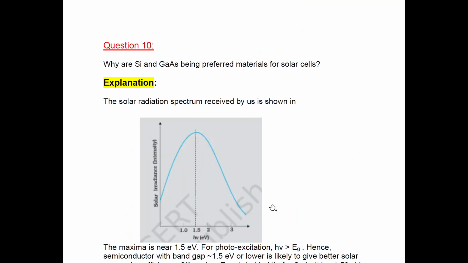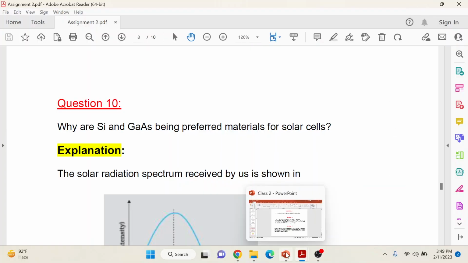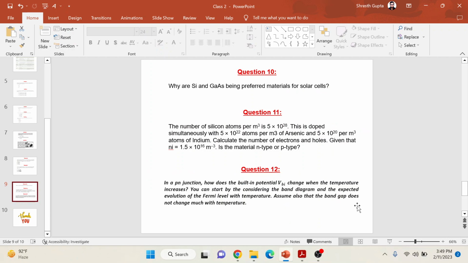Okay. Now let's move to the next question, question number 11. The number of silicon atoms per meter cube is 5 × 10^28. This is doped simultaneously with 5 × 10^22 atoms per meter cube of arsenic and 5 × 10^20 atoms per meter cube of indium.